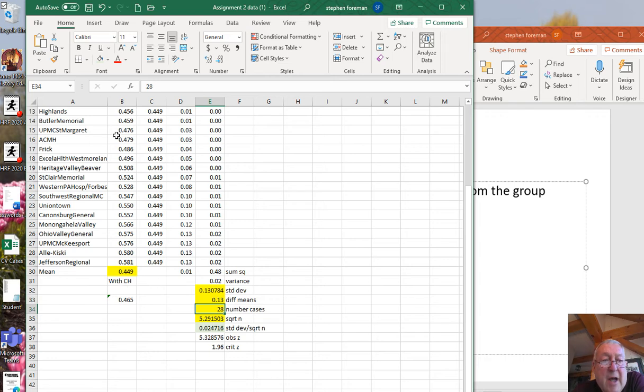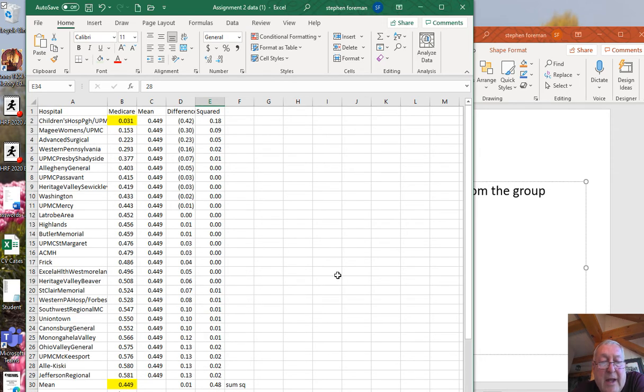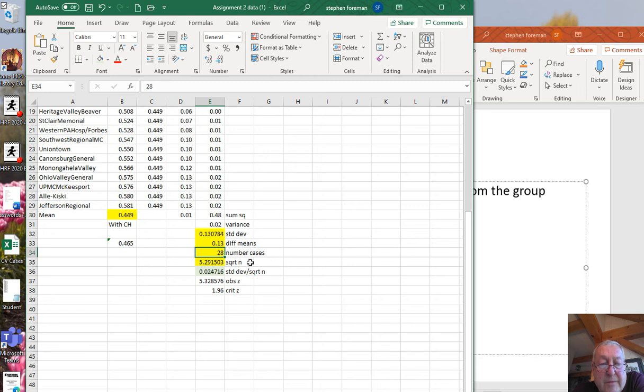So here I just copied that entire spreadsheet, and instead of looking at children's, we do Jefferson Regional, which is E32. The difference in means is B29 minus C29.